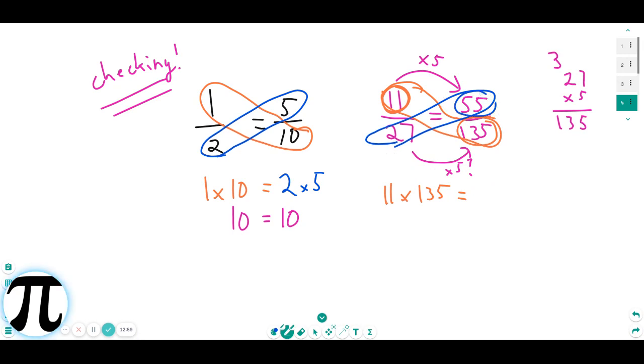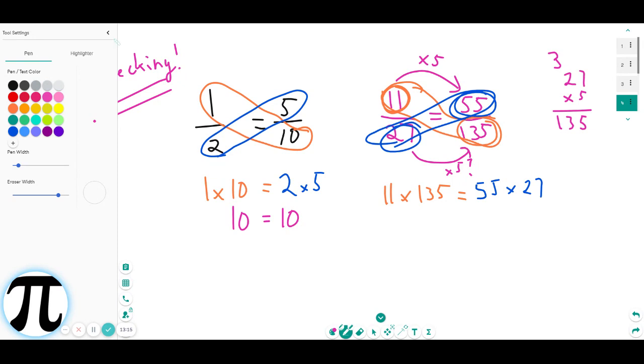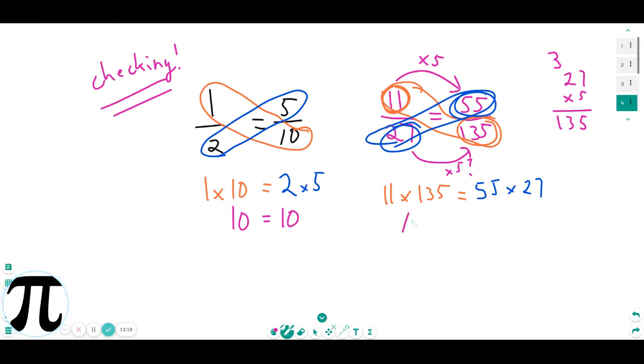So 55 times 27, and 11 times 135. The answer on both sides is 1,485. Shocker, we're not surprised by this at all. This is how you can check that these fractions are equivalent.